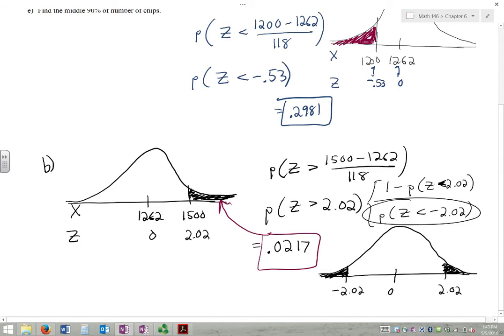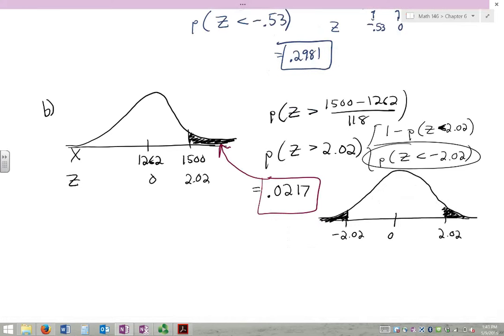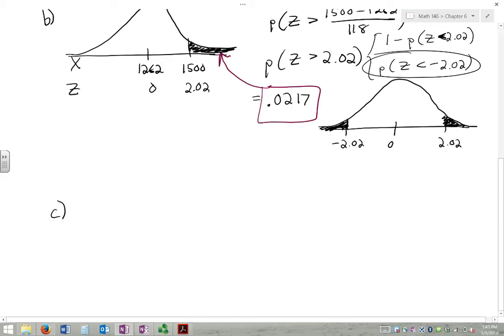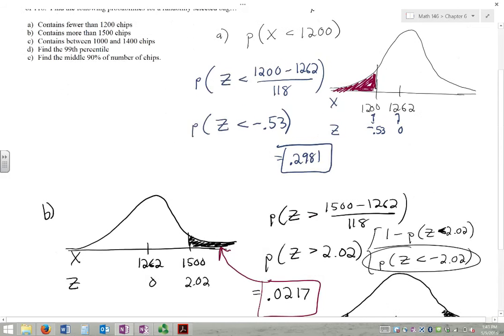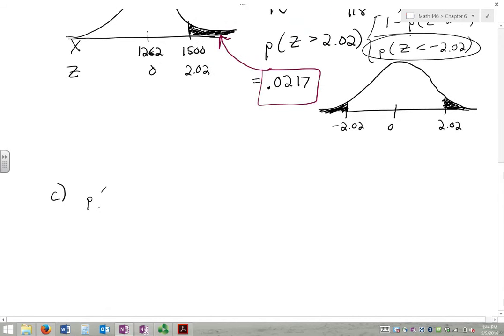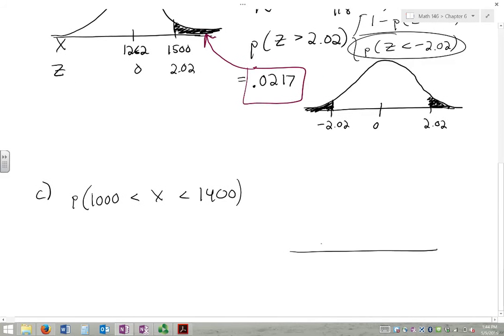Okay, let's do another one here. Now we're going to find between two values, and this adds on a bit of another step here. Find between two values, so between 1,000 and 1,400. Once again, make our chart. Always make a diagram chart.